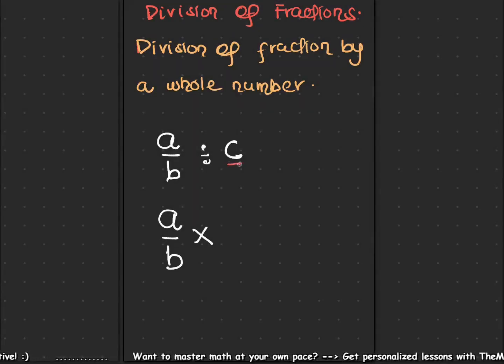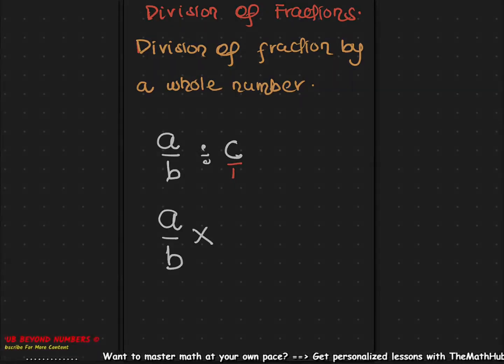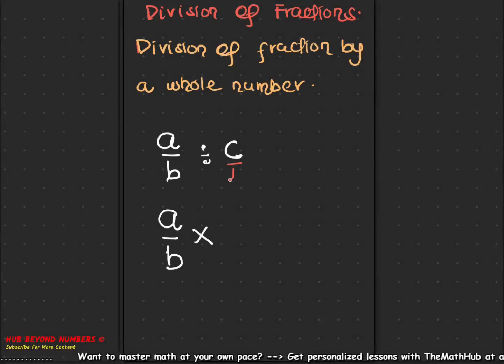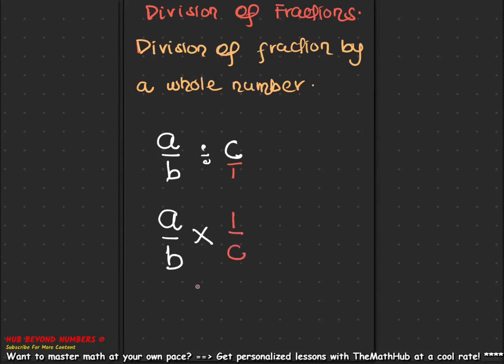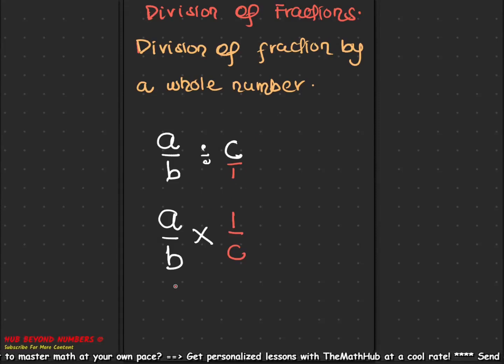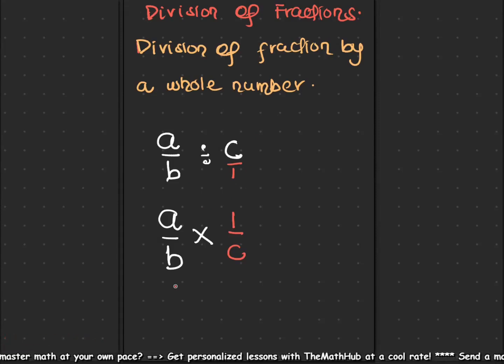So this c here is actually over 1. What we do is we reciprocate it. What do we mean by reciprocate it? Instead of writing the c, we'll rewrite it as 1 over c. You see? So we do two things. We change the division sign to multiplication, after which the whole number is reciprocated. That is, if it is c, it becomes 1 over c.